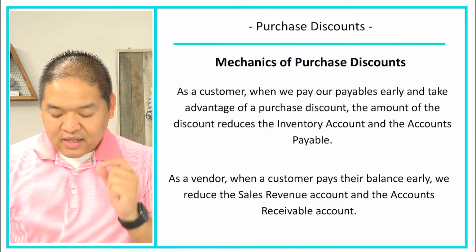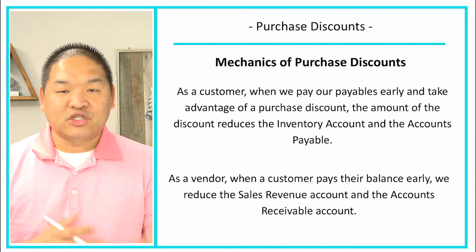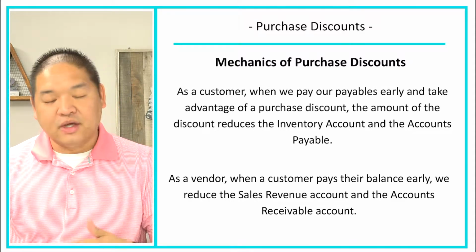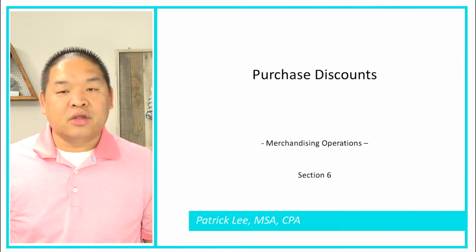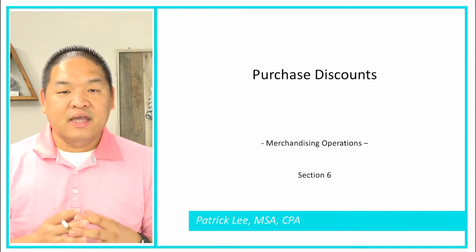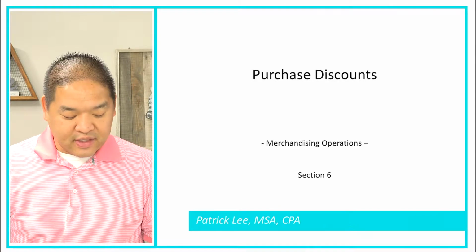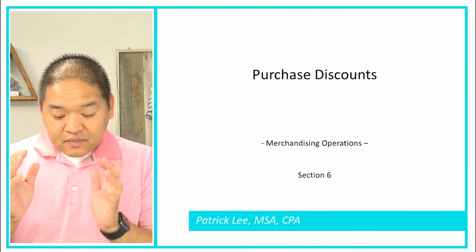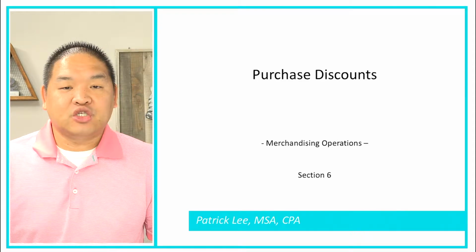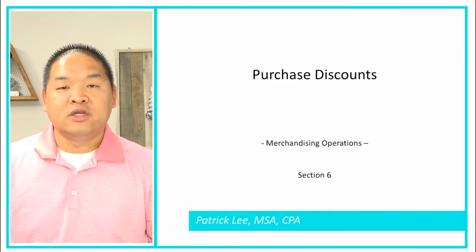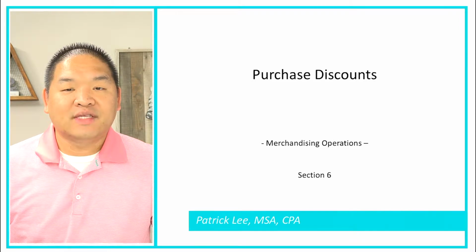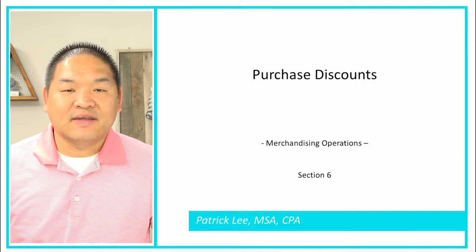We'll reduce the accounts receivable account by that $20, and we'll also reduce the sale at the same time. So that's what the journal entries would look like if we were doing them for this problem. That is a conversation on purchase discounts, also known as sales discounts to the vendor. Hope you enjoyed this lesson and we'll see you in the next video.